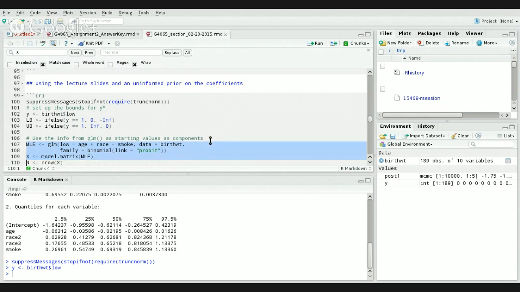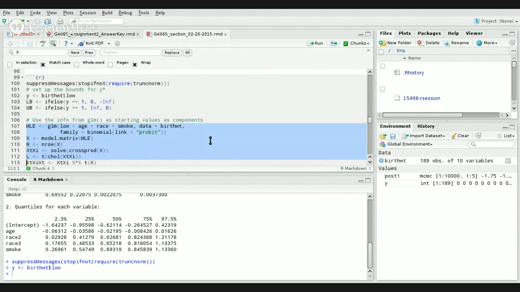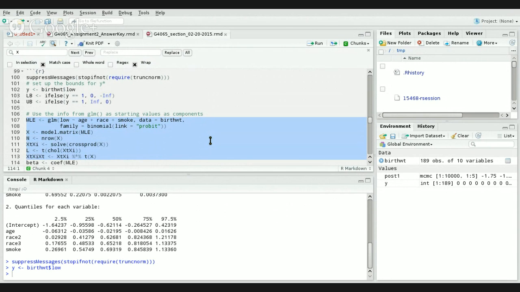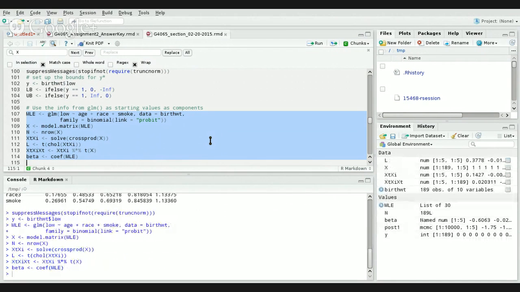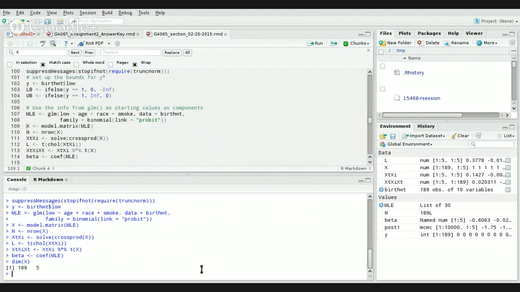So we can use the MLEs in order to make starting values or other constants that we might need to calculate and use in our Gibbs sampler. So just pipe all that in. It gets X. This model.matrix function is very useful. It gets in matrix form the predictors that were specified in your formula for glm. In this case, this is going to be a 189 by 5 matrix.